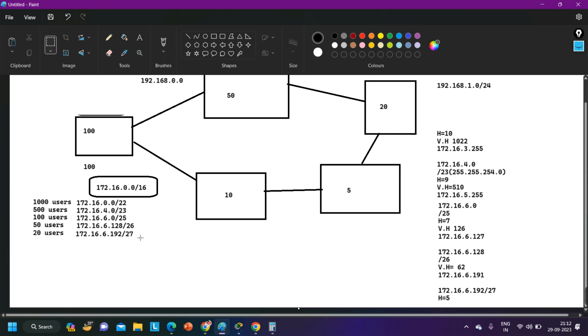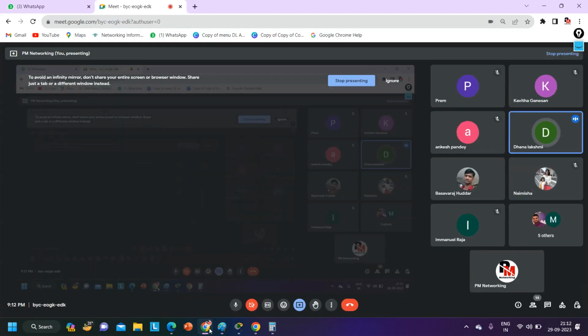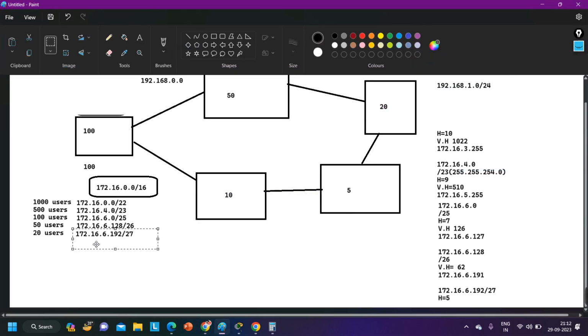That last one, it's slash 27, means that it is 172.16.6 dot, I think 224. Which one? This one? That broadcast, no, the network ID actually. 172.16.223, that broadcast only, I'm just saying.